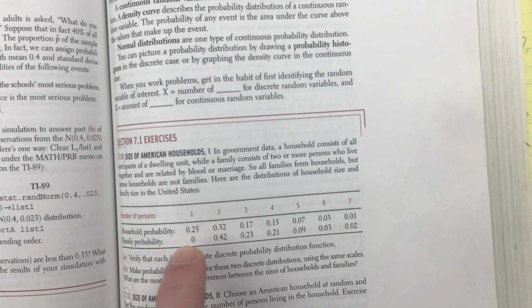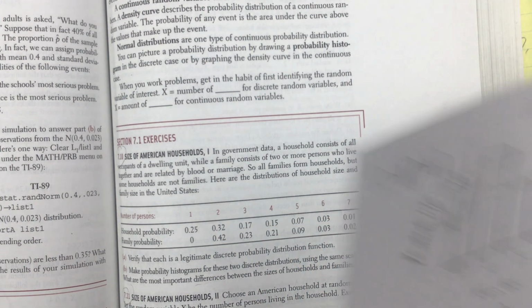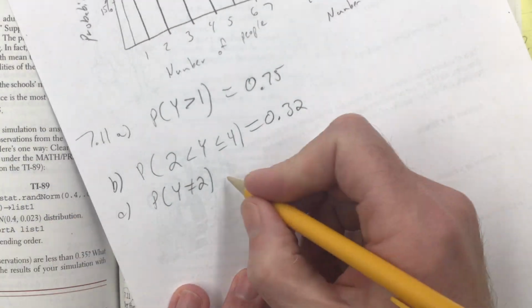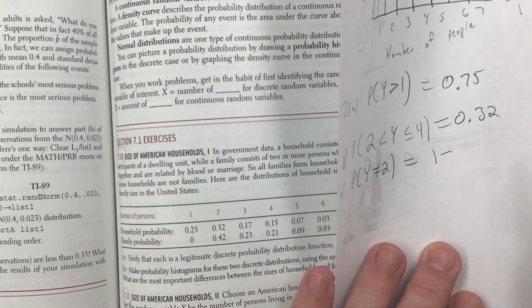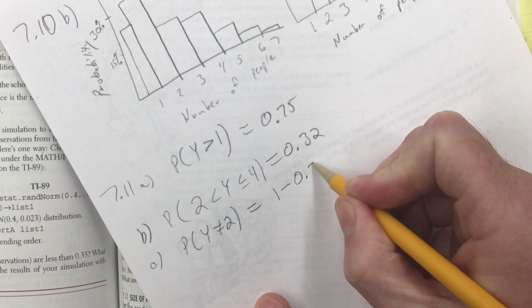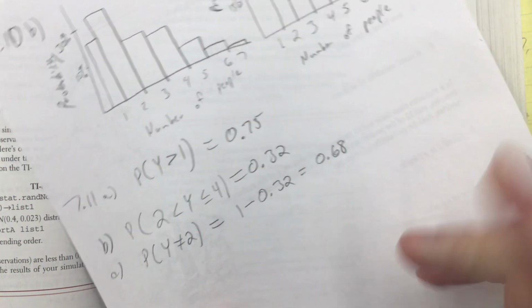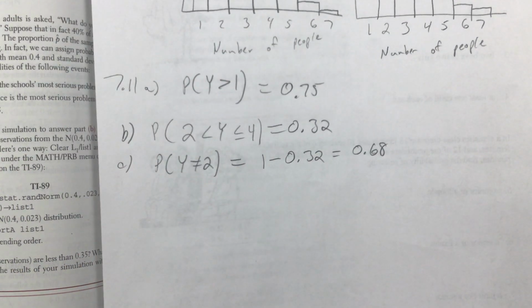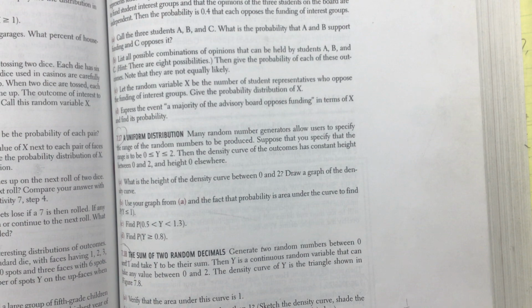The other way to do it is 0.25 plus 0.17 plus all those, but using the complement's probably faster. So 1 minus, and there we go. The probability the household size is not 2, 68%. Okay, next question.